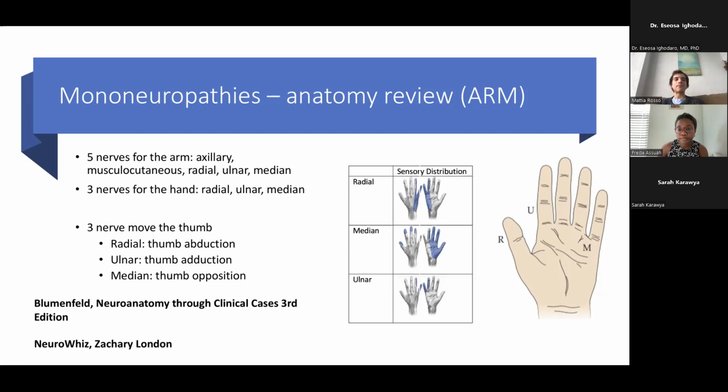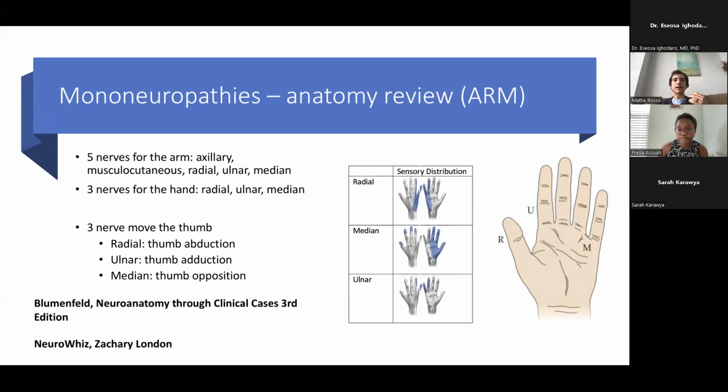This mnemonic goes R, U, and M. The radial nerve will do thumb abduction along the plane of your hand. The ulnar nerve will do the opposite, which is thumb adduction, and the median nerve will do thumb opposition. That's a really straightforward way to test this.